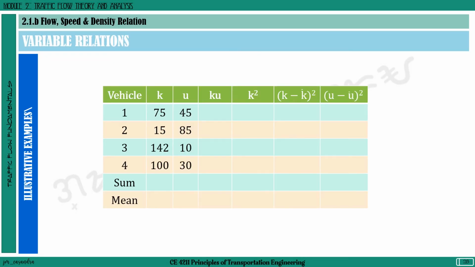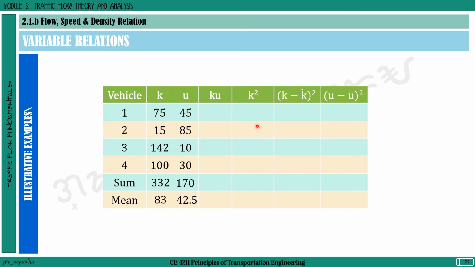So from here, we can now solve for our values in a tabular form. So we are given the K values and the U values. So let's solve first for the sum of K, 303.2. For the sum of U, we have 170. For the mean values of K and U, for K we have 83 and for U we have 42.5.